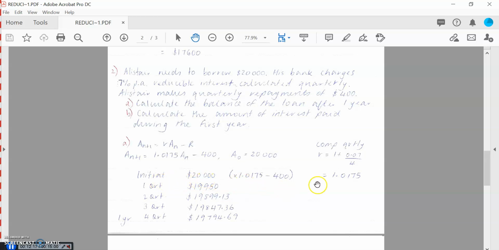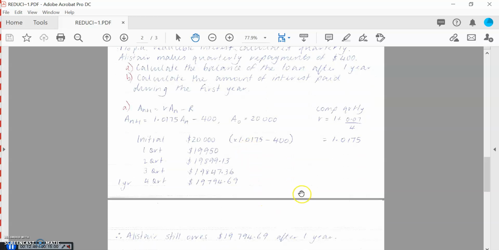Starting with $20,000, following my recurrence relation, this is all work we covered last lesson, I've generated the first 4 terms here, first 4 quarters, because 4 quarters brings me to 1 year, which is what they wanted in the question. So at the end of 1 year, he still owes $19,794.69.